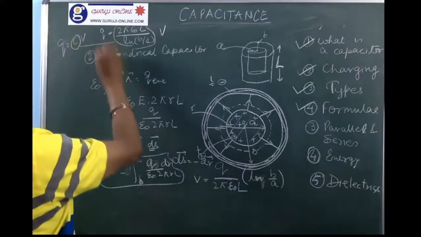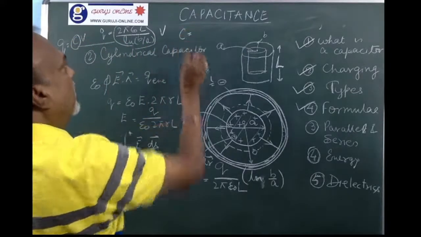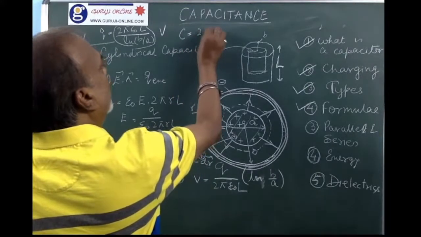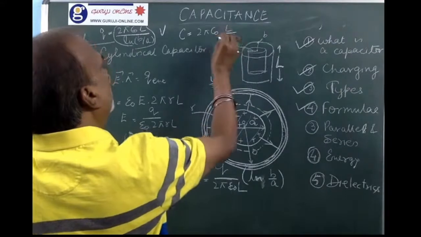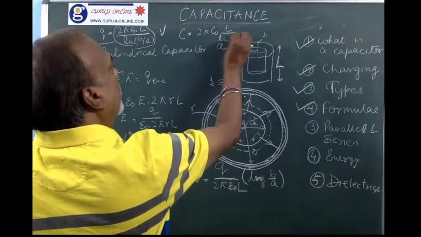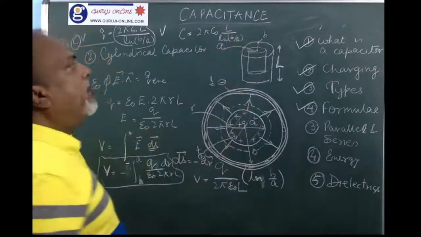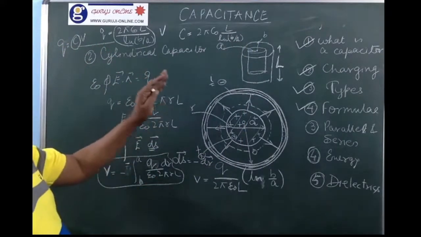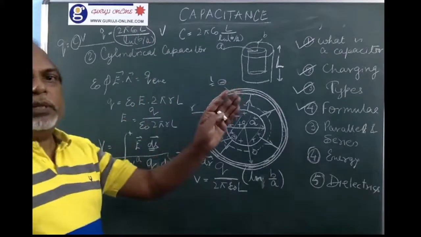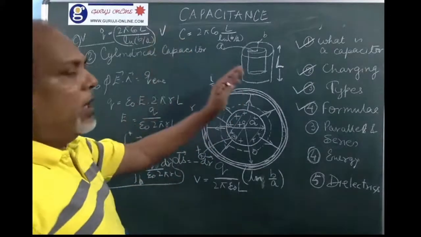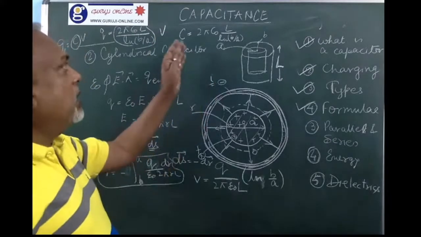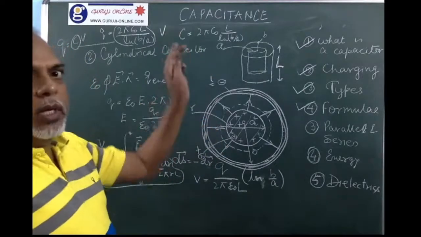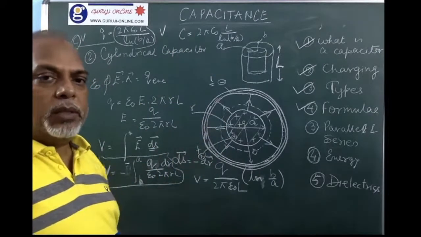So C is nothing but this. So C here, in case of cylindrical capacitance, is 2 pi epsilon 0 L upon log B upon A. Any problem? So you have to see, if parallel plate capacitor is there, C's value is different. If the cylindrical capacitor is there, then C's value is different. It depends on the geometry of the capacitor. Here also it does not depend on Q or V or anything else.